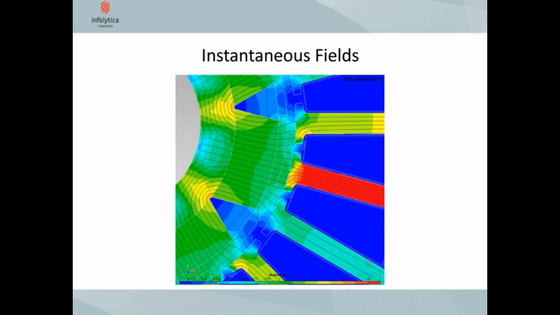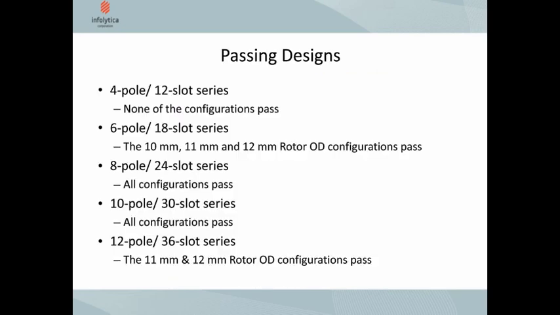So we've gone ahead and made a wide range of perturbations on those 6 parameters, 2 for the rotor and 4 for the stator. And then we've explored each of these 3 experiments, and we've come up with the following table, which shows us the possible designs and those that are passing. It is instructive to note that with the 4-pole 12-slot series, none of the 4 possible configurations passes our stringent criteria.